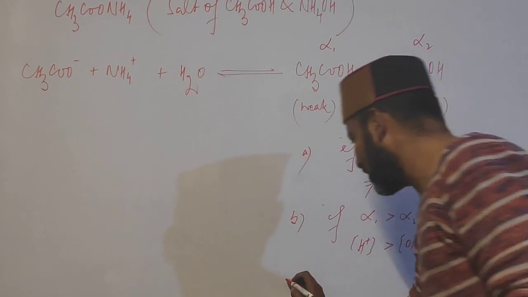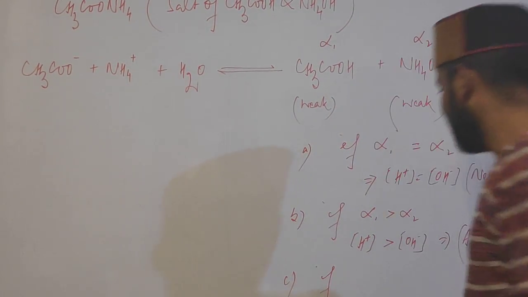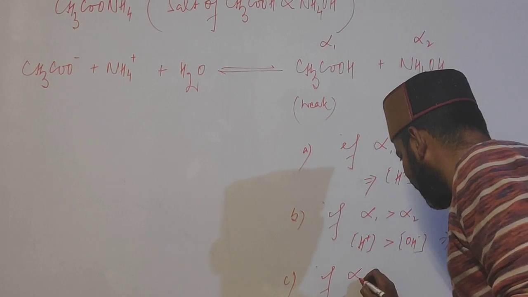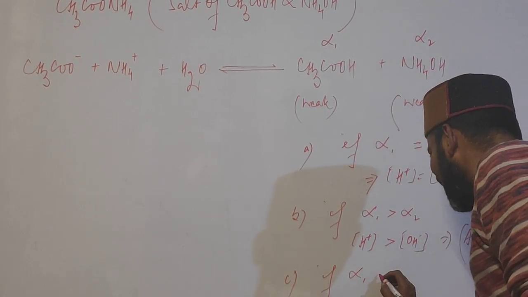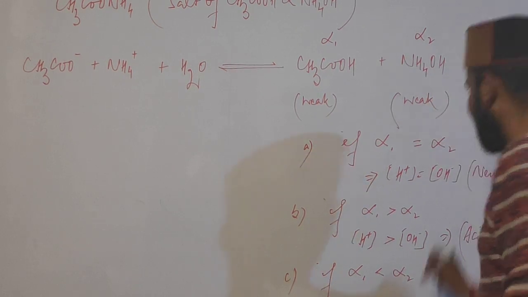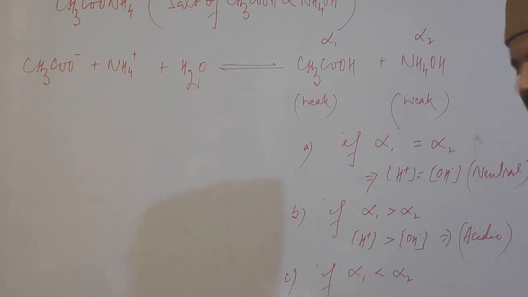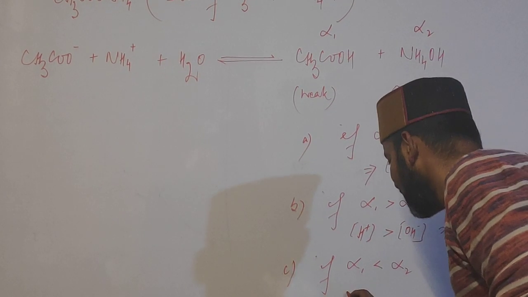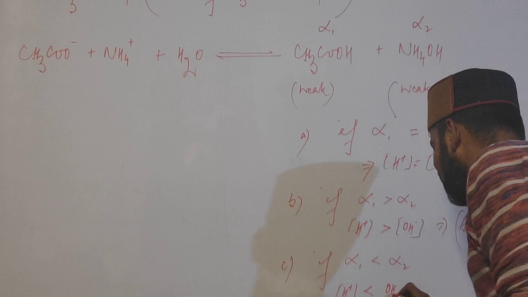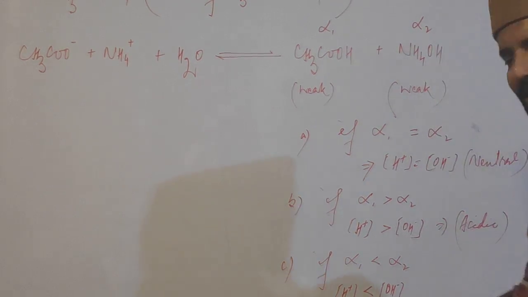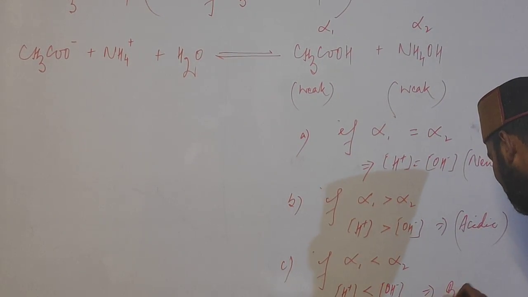And students, lastly, if say alpha 1, the degree of dissociation of this weak acid, is slightly less than alpha 2, the degree of dissociation of weak base, in that case students, H positive ion concentration is less, OH negative ion concentration is more, and therefore the solution will be basic.